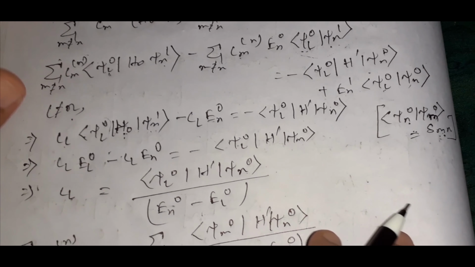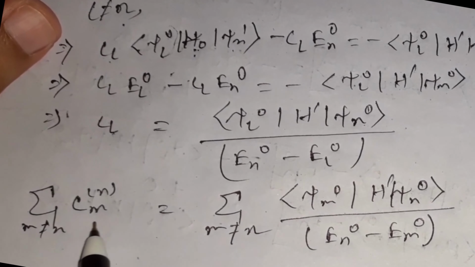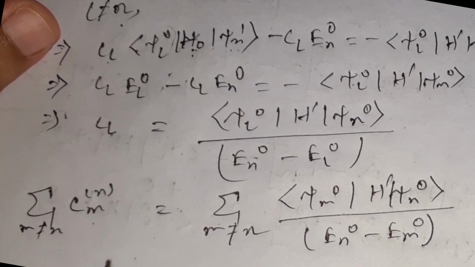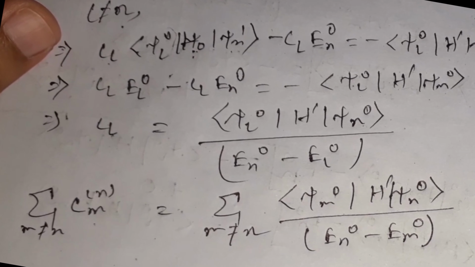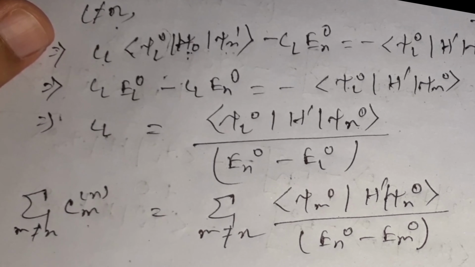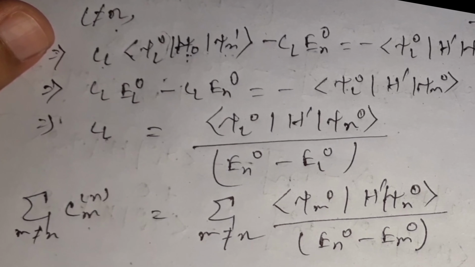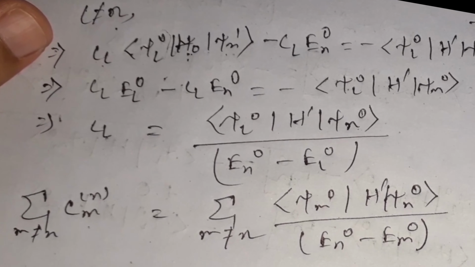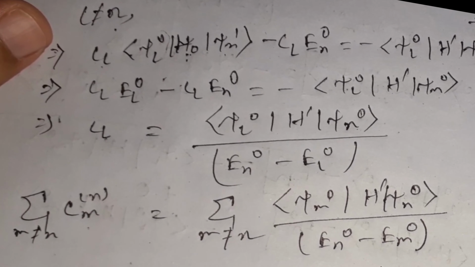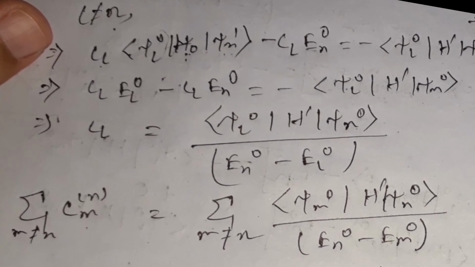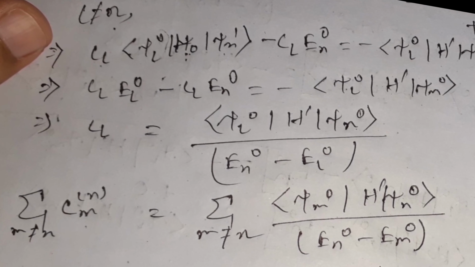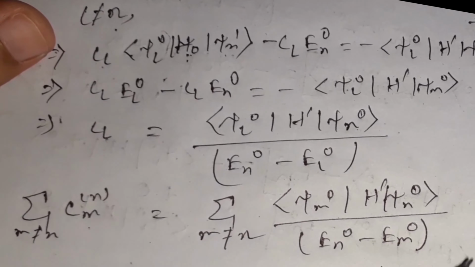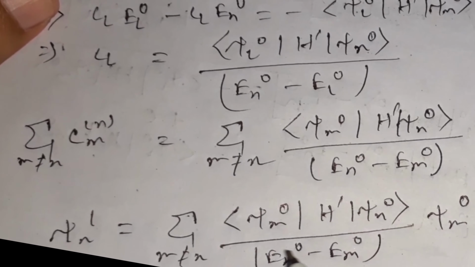So as now I get the coefficient Cmn, put it in the equation for ψn1, we get the summation over m not equal to n of ψm0 H prime ψn0 over En0 minus Em0 times ψm0. So this is the required first order correction to the wave function.